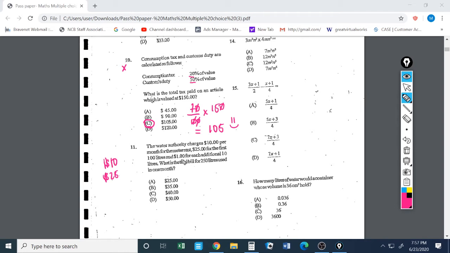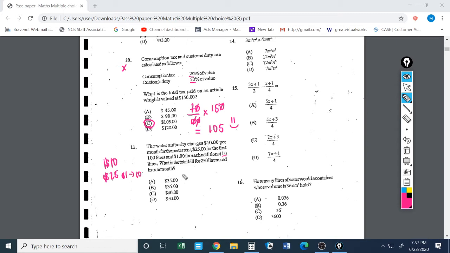And $1 for each additional 10 liters. So it's $1 per 10 liters. What is the total bill for 250 liters used in 1 month?